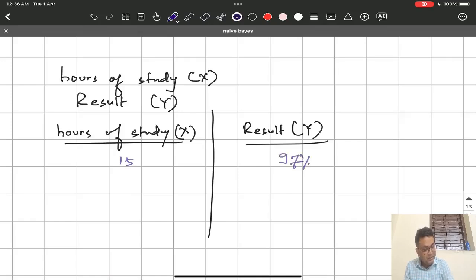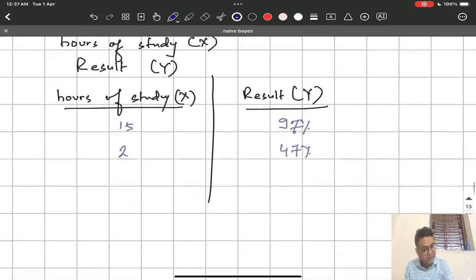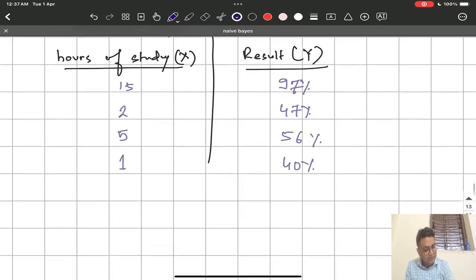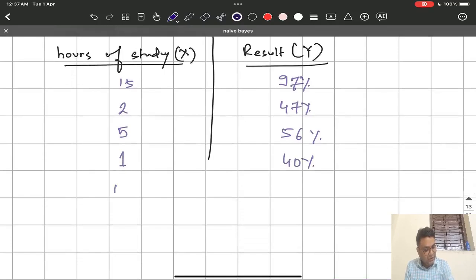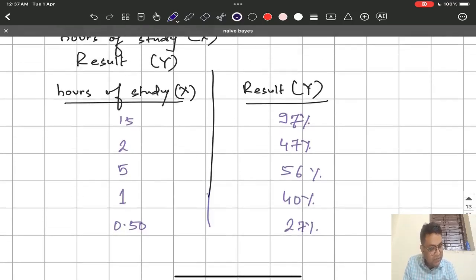If hours of study is 2 hours, then it is 47%. If hours of study is 5 hours, it is 56%. If hours of study is 1 hour, then it may be 40%. If hours of study is 0.5, half an hour, the person can fail, 27%. So can you see this? The hours of study is x and the result is y.